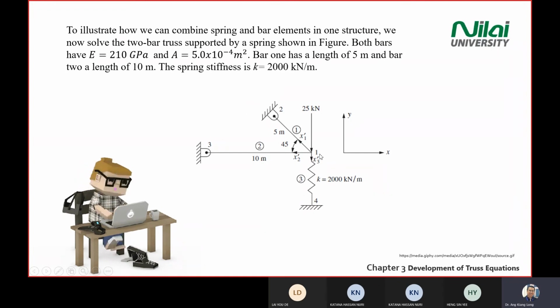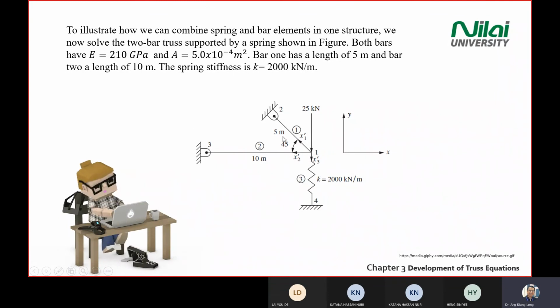We have some external force at point 1, which is 25 kilonewton vertical going down. So again, compared to the axis, your force at point 1 gets a negative sign there because it's going down. And K stiffness matrix for spring is given.